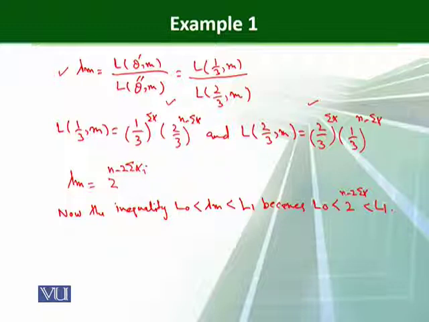Now we solve that. To solve this, we take the log of base 2 for this inequality, and we get that, that is log of base 2 L naught, which is less than n minus 2 sum x less than log of base 2, that is L1.